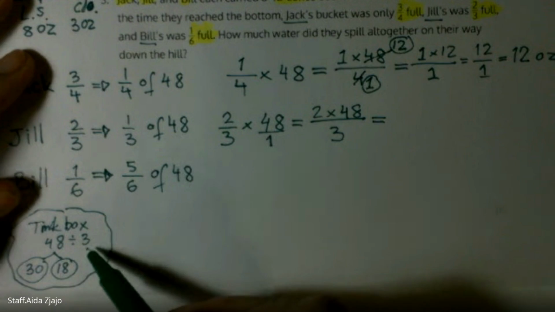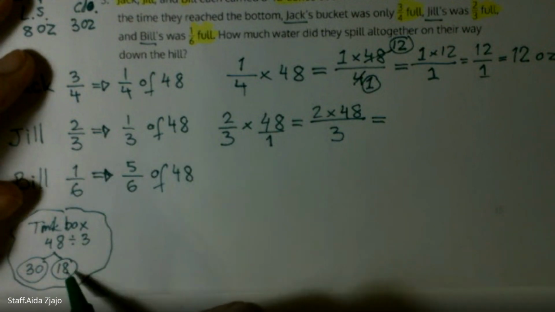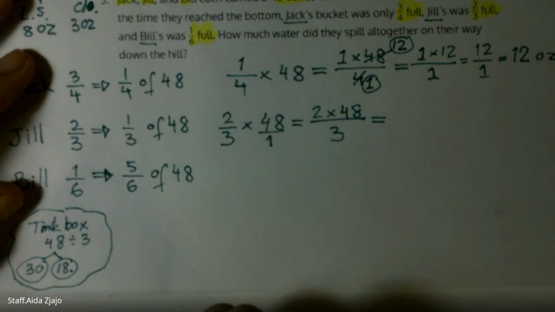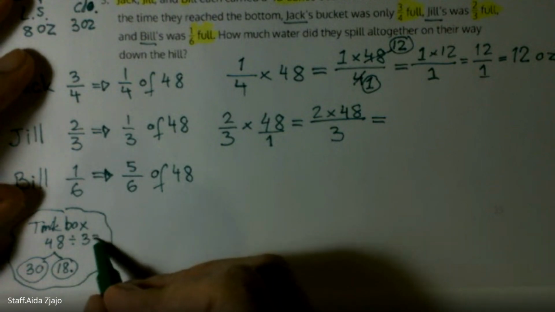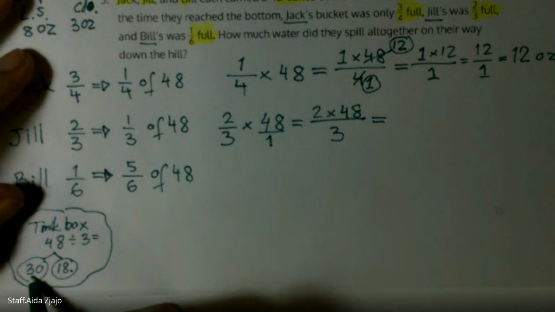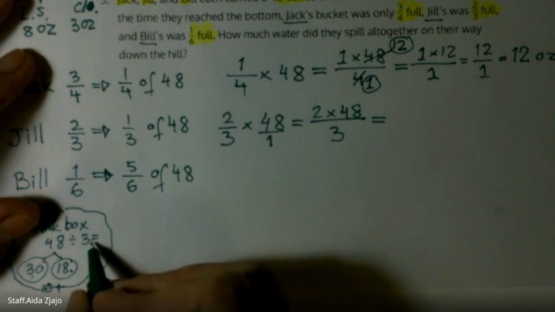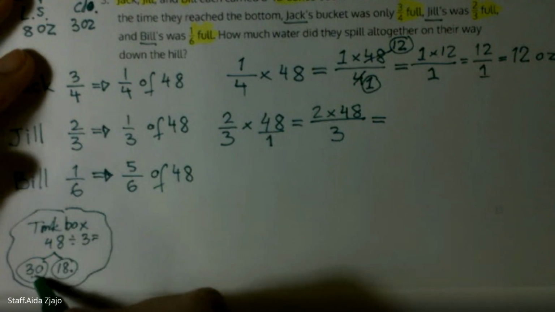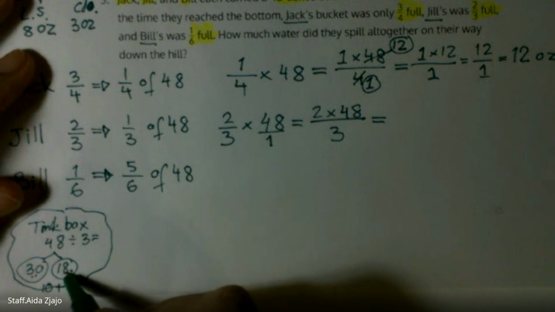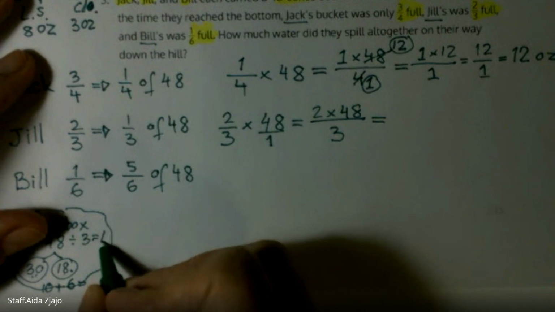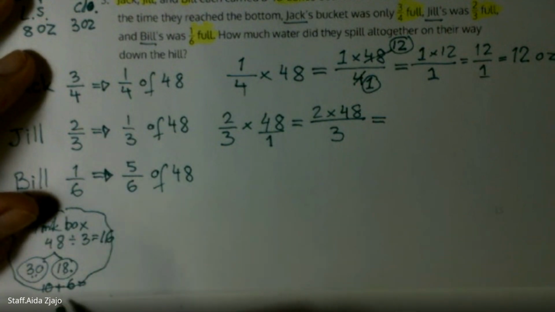And I know that 3 times 6 is 18 and 3 times 10 is 30. So that means I can divide by 3. So 30 divided by 3 is 10, and 18 divided by 3 is 6. So together I know this is 16.